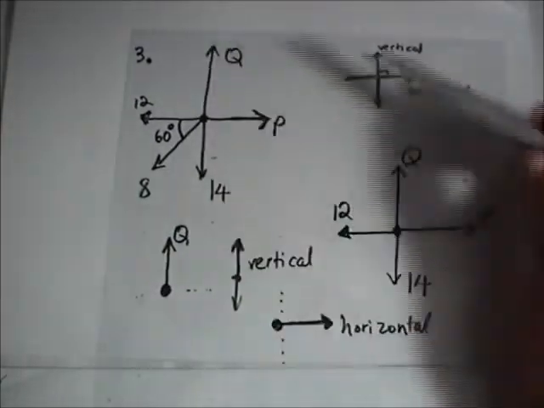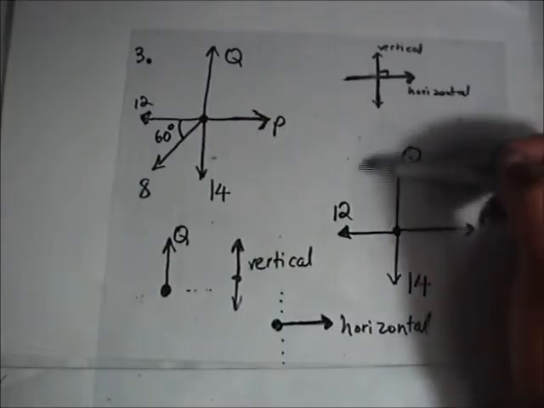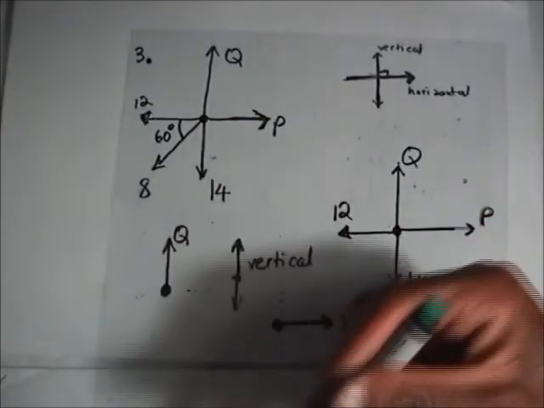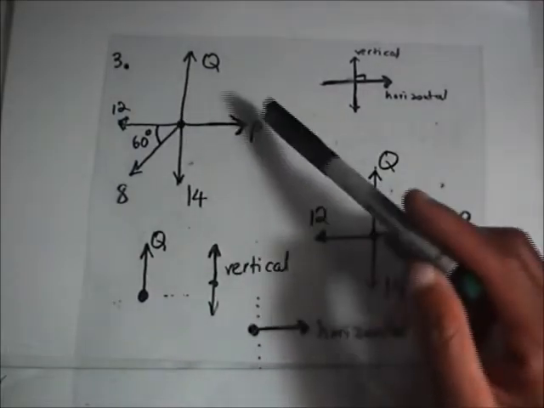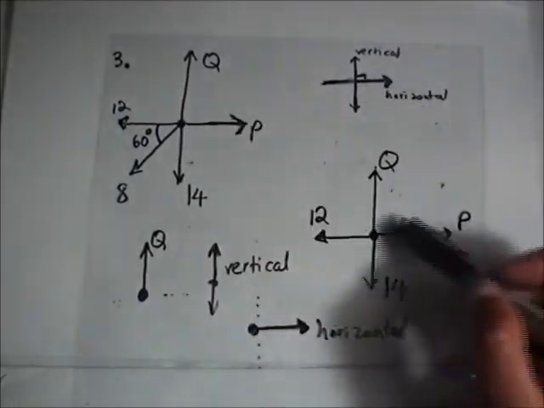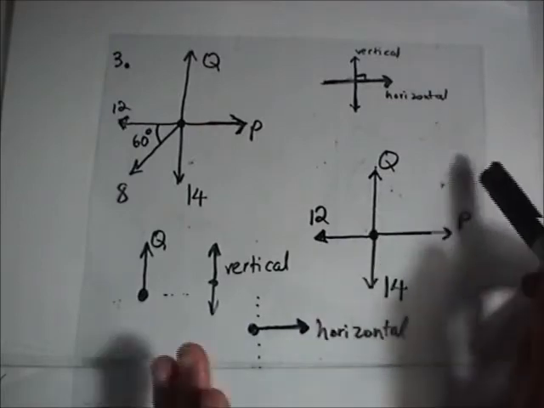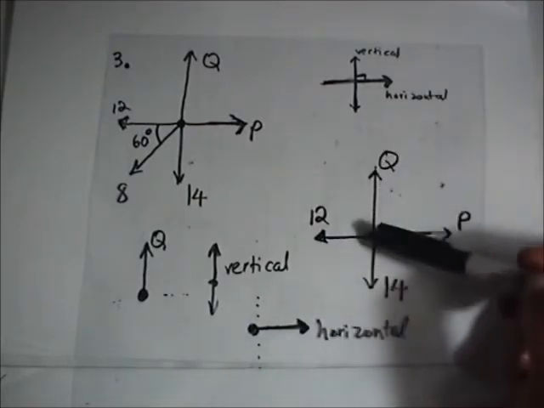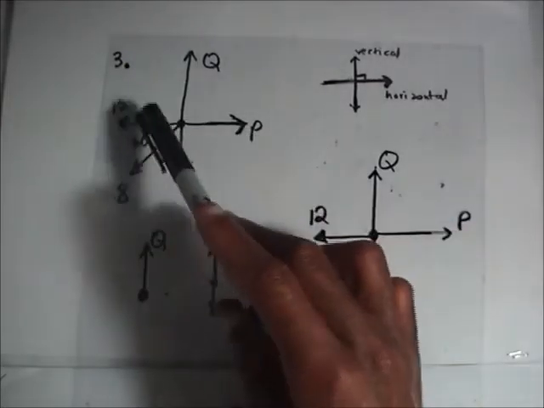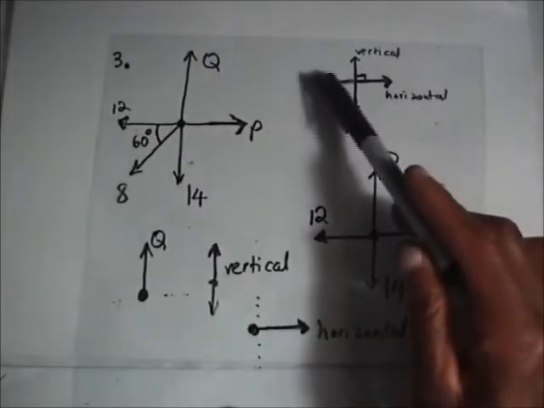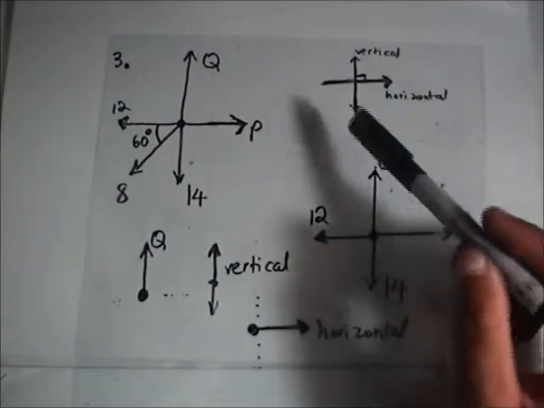Q is vertically upwards, so Q is just facing up, with no other effect in any other direction. P is horizontal to the right, so P is just horizontal like this. Same applies for 14, vertically downward, and for 12, because they are both in the directions that I chose in this system.